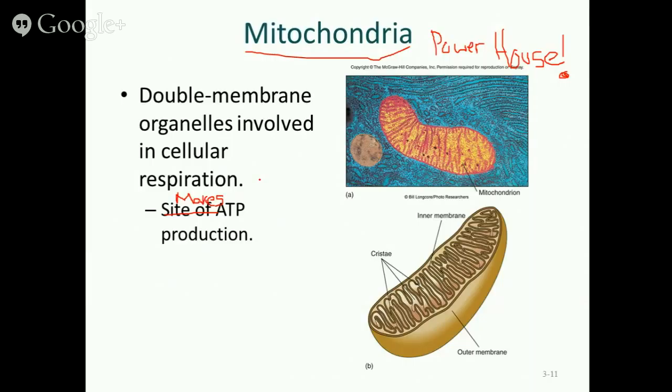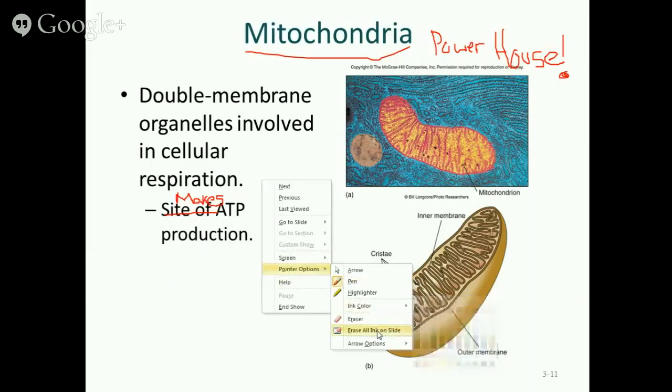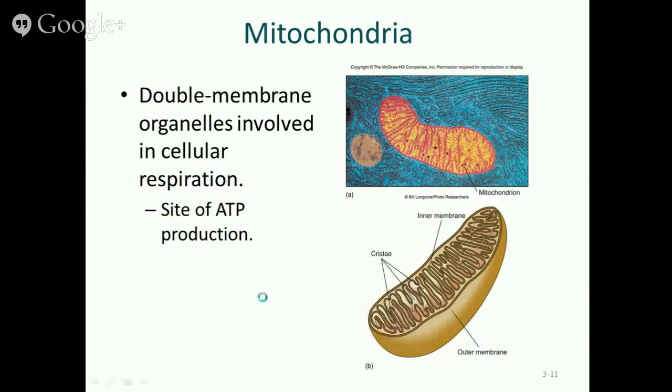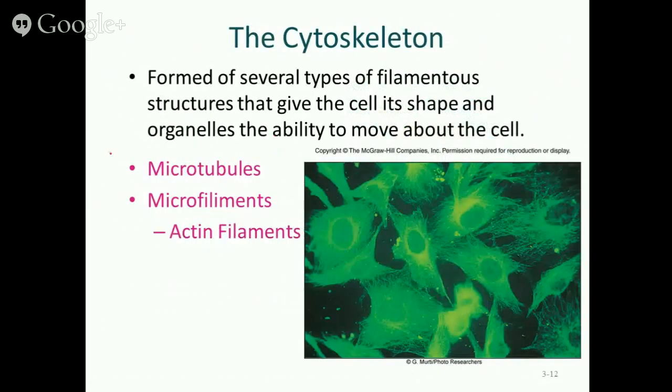The next structure in the cell we mentioned at the beginning, the cytoskeleton. And the cytoskeleton, so we're looking at a bunch of different cells here. And the cytoskeleton, what it does, I'll try to draw on here maybe.